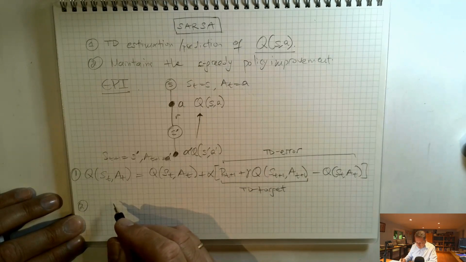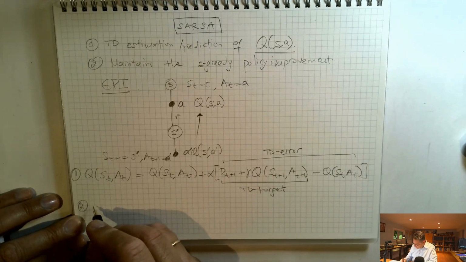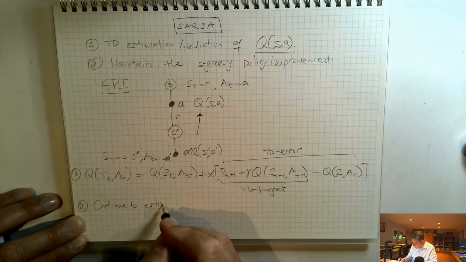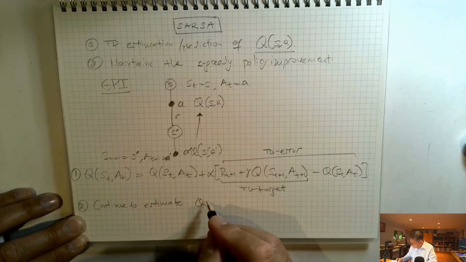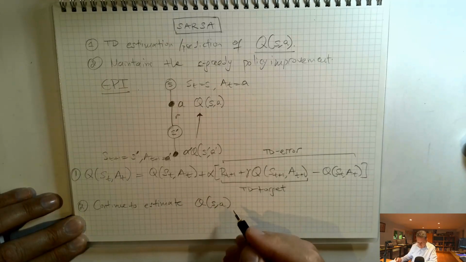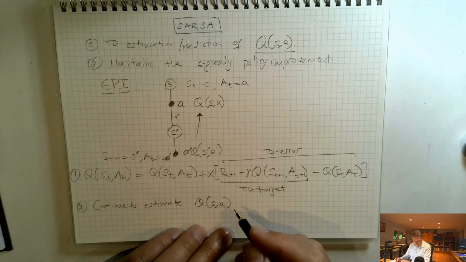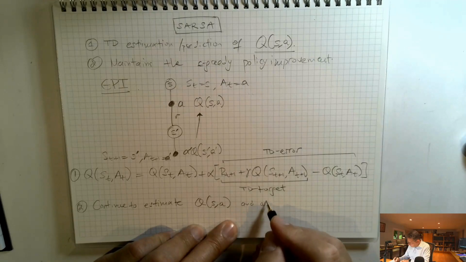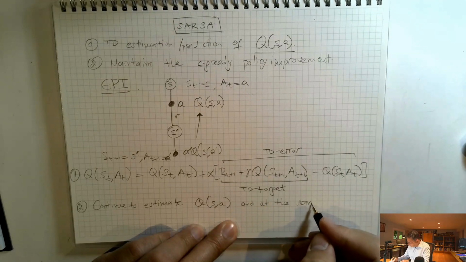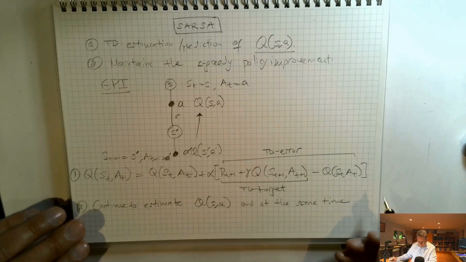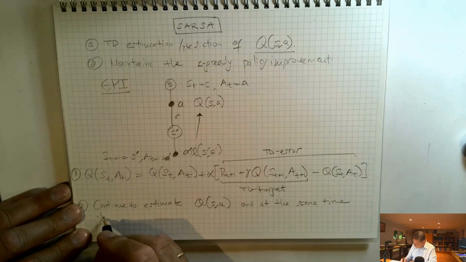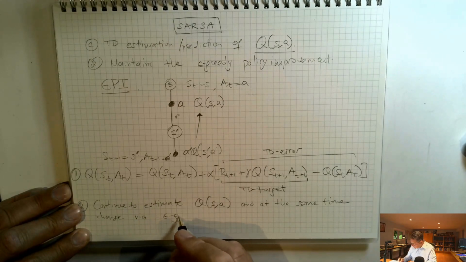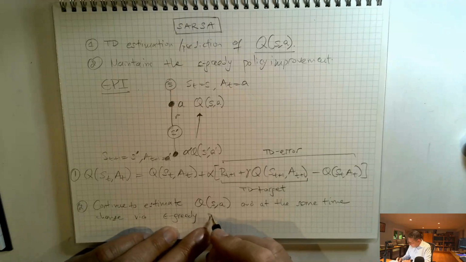So we continue to estimate Q of S comma A, and at the same time change pi via the epsilon greedy policy improvement.